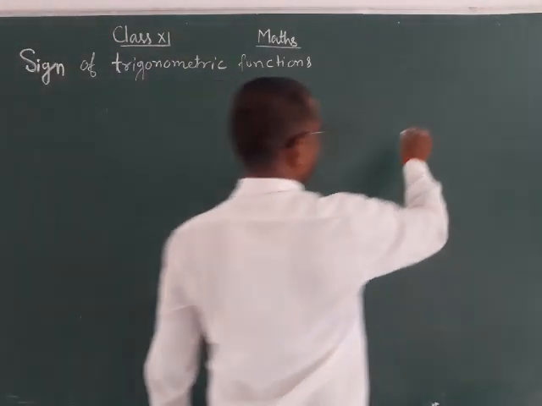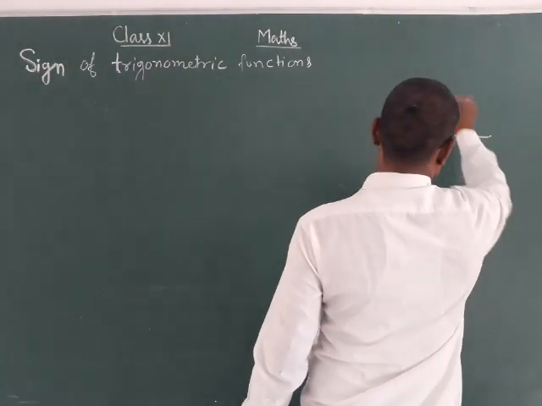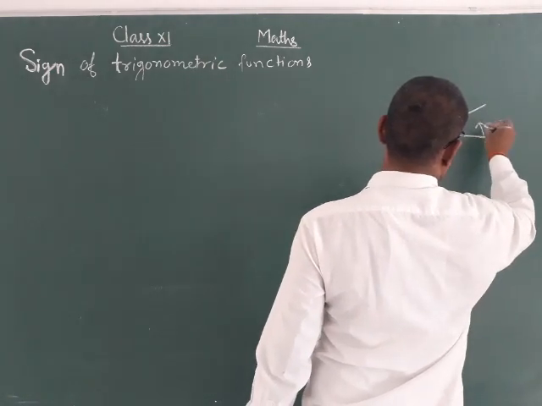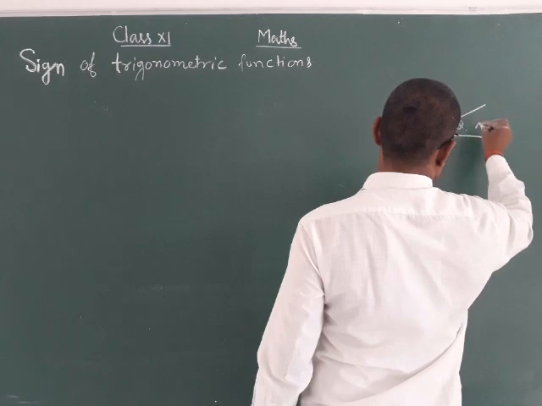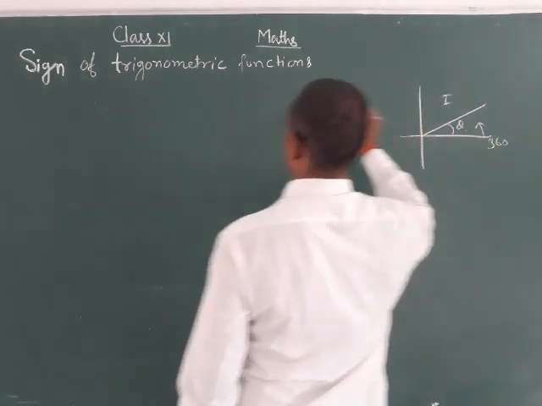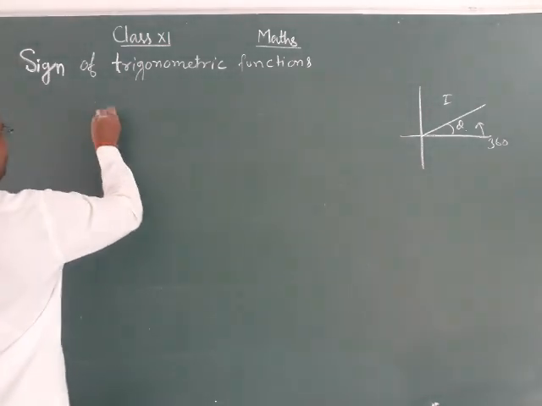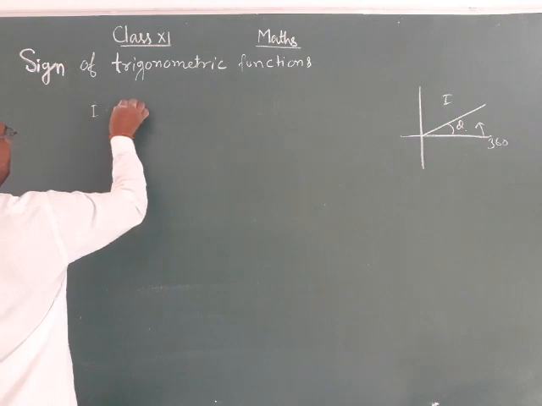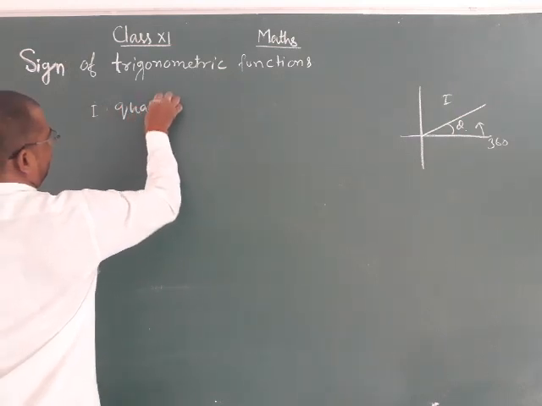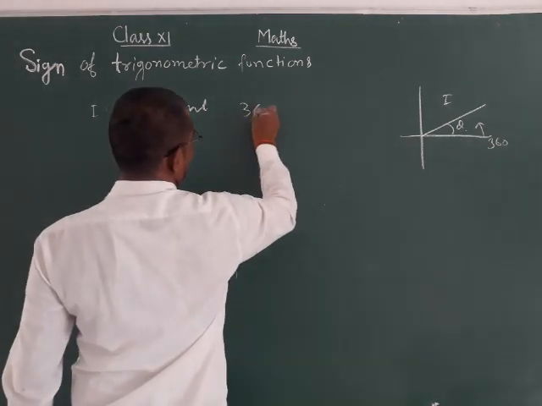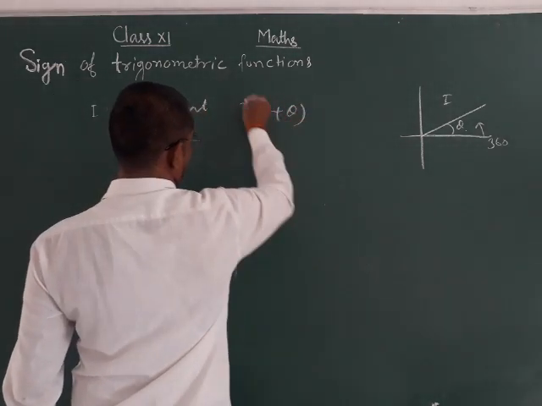Lastly, the first quadrant. Write this as theta, or it becomes 360 plus theta.